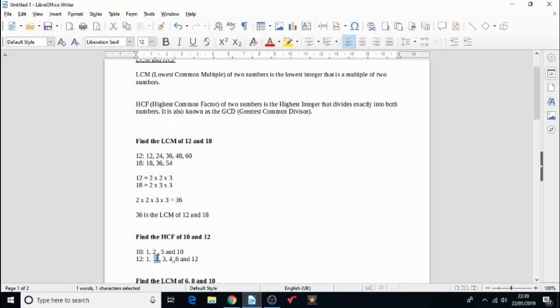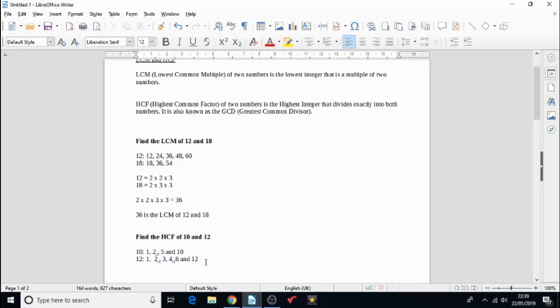It's the only common factor other than 1, and 1 wouldn't be the highest common factor because 2 is greater than 1. So there are no other common factors in both of these numbers. 3 doesn't go into 10, 5 doesn't go into 12, 4 doesn't go into 10, 6 doesn't go into 10, 10 doesn't go into 12, and 12 doesn't go into 10. So therefore 2 is the highest common factor.